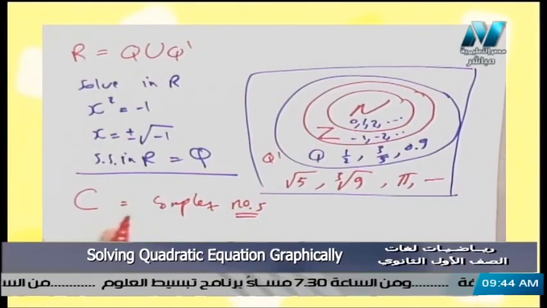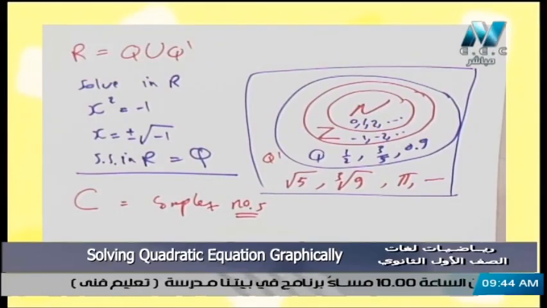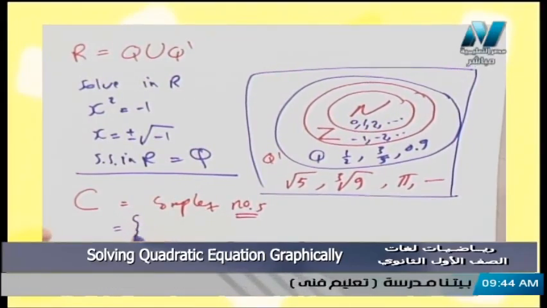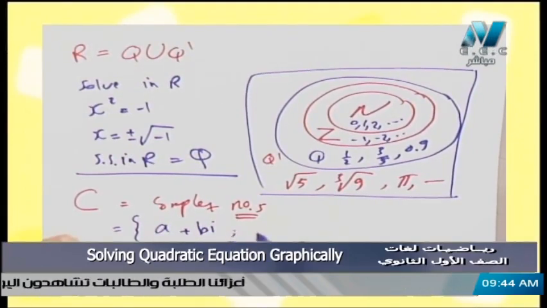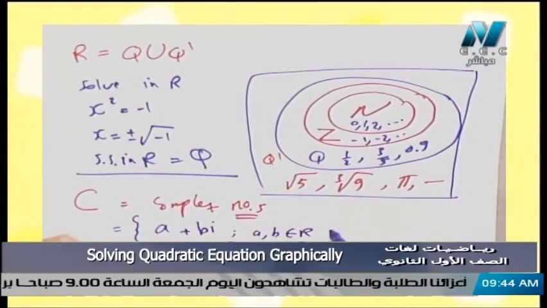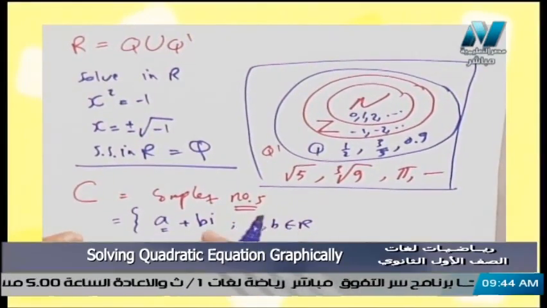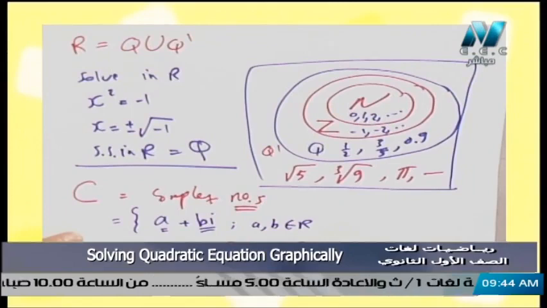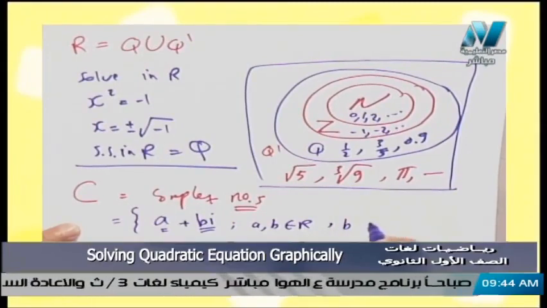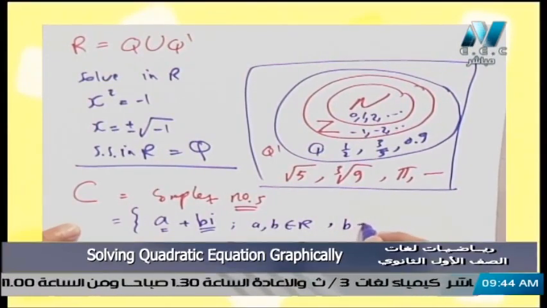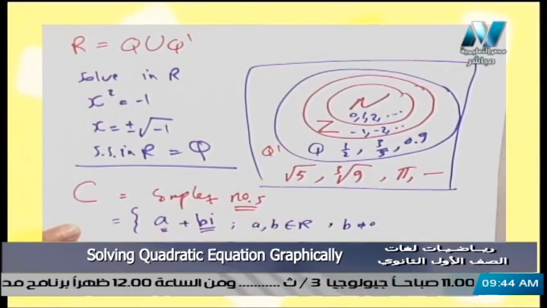Okay, and the set of complex numbers here is any number that can be put in the form a plus bi, a and b reals. We can say that a is the real part and bi is the imaginary part, okay, and b of course doesn't equal 0, or even if it is 0, then it will be a real number.